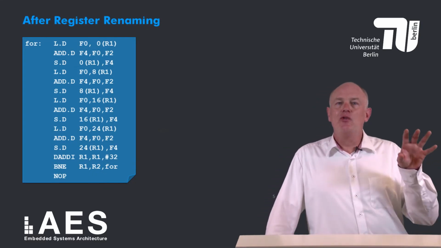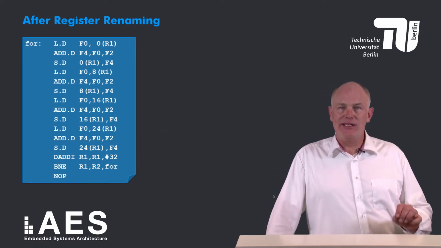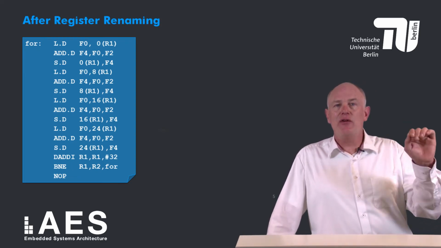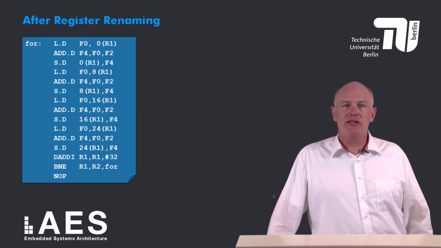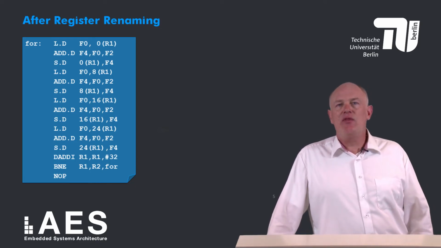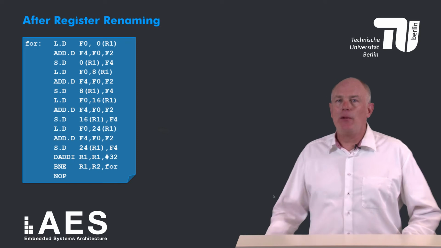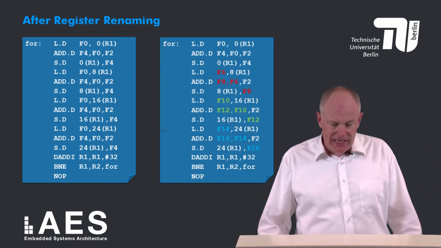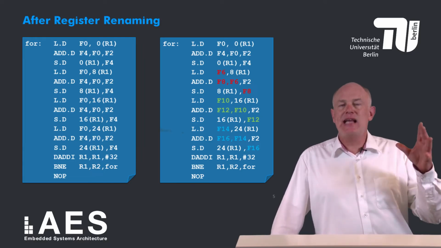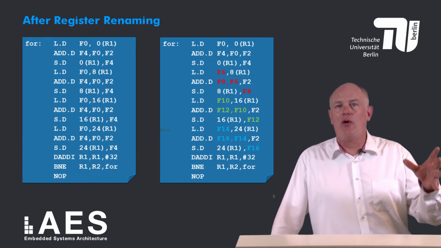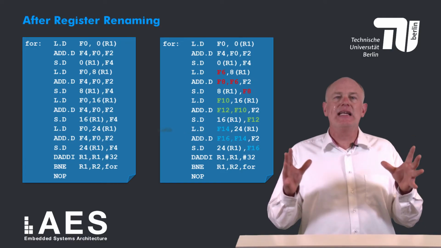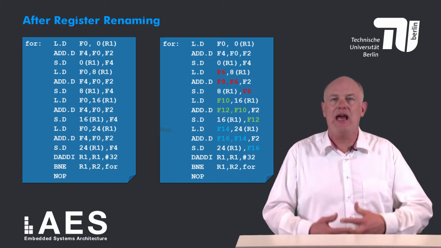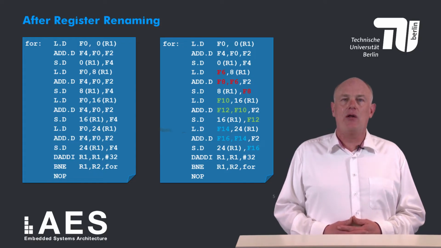To be able to reorder the instructions, we need to use different, or rename, the registers. To illustrate this, here's again our example unrolled loop. And here's the loop after the registers have been renamed. Instead of reusing F0 and F4, the computation of the second element x[i+1] now uses the registers F6 and F8 as indicated by the red color.